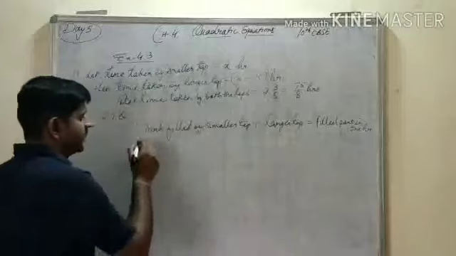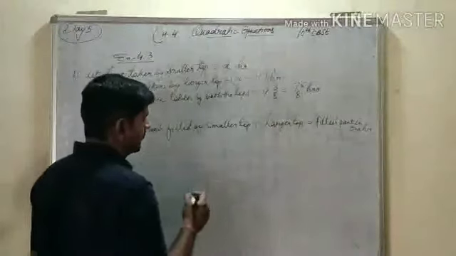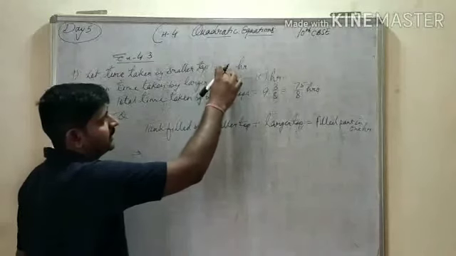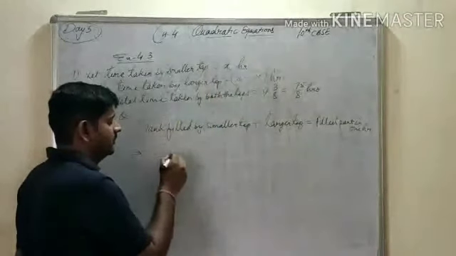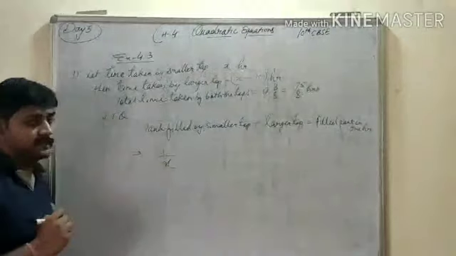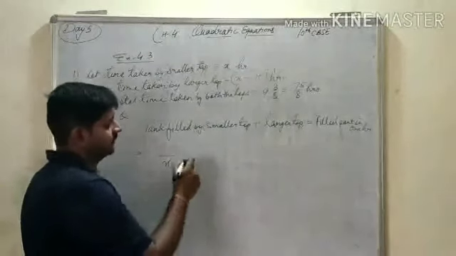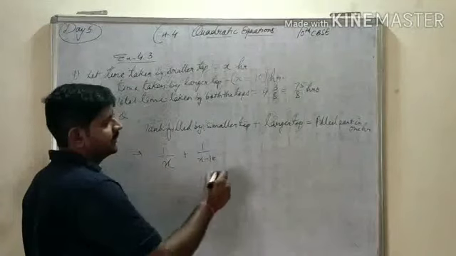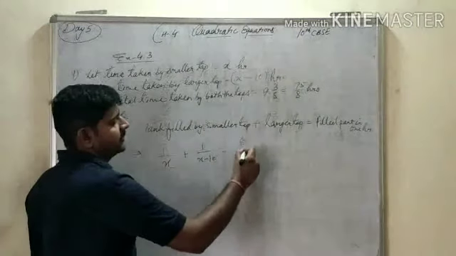So we are talking about 1 hour. If total time taken by it is x, then in 1 hour 1/x portion will be filled, then 1 upon x minus 10 portion will be filled, and that equals 8 upon 75.